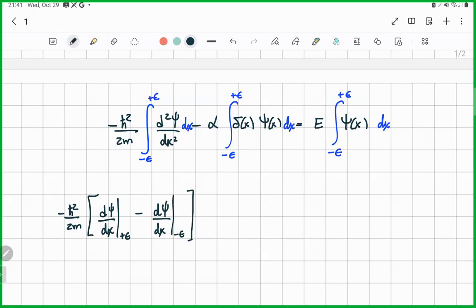Okay. Second term, finally the delta function is doing something. That integral, we finally see the effect of the delta function. That integral is 0 everywhere except at the position 0. That's where the delta function is not 0. So what we get there is the function at 0. And then comes the right side.